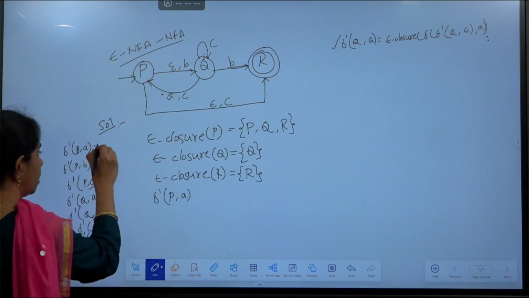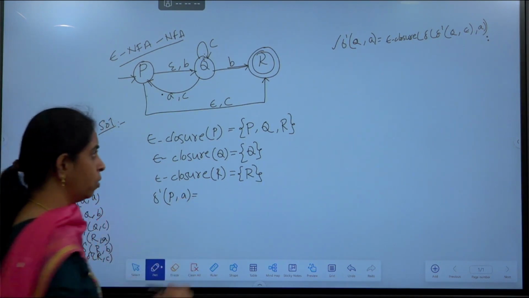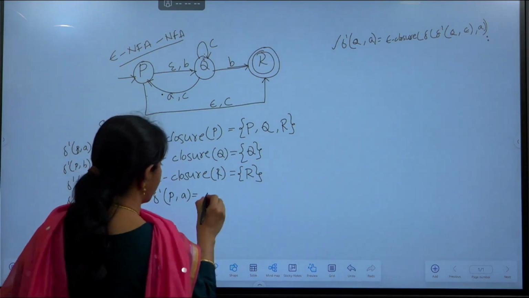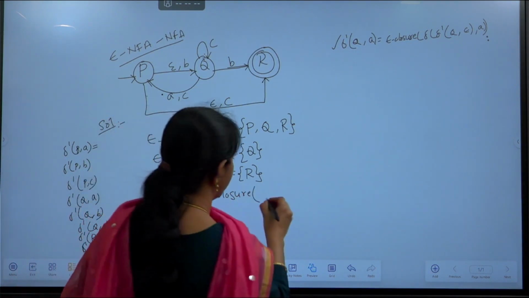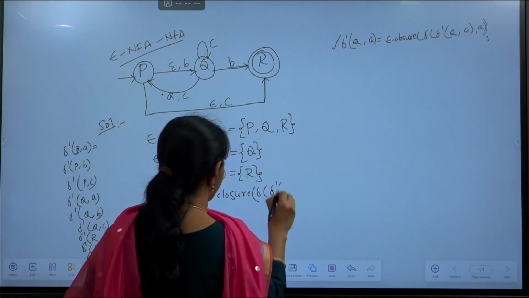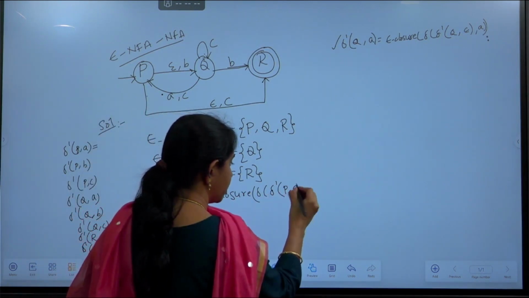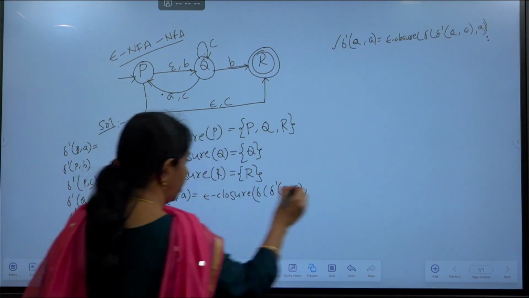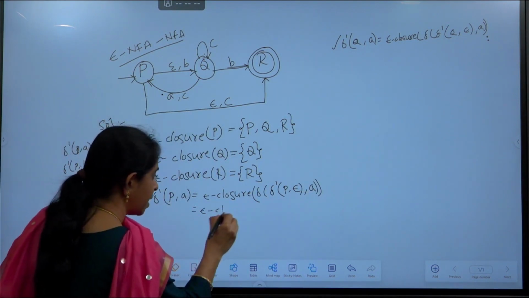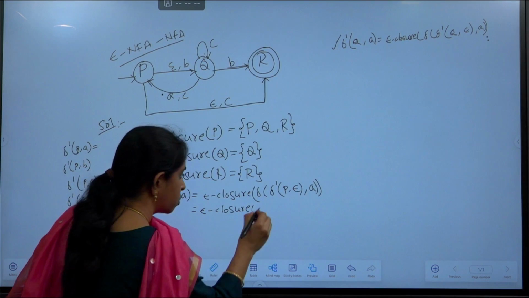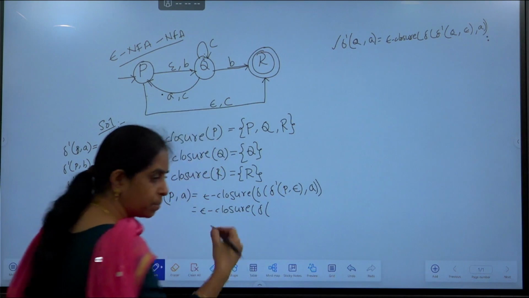First we will start with delta dash of P comma A. Whenever we are performing this indirect transition, apply the formula: epsilon closure of delta dash of P comma epsilon on input alphabet A. Delta dash means epsilon closure itself.